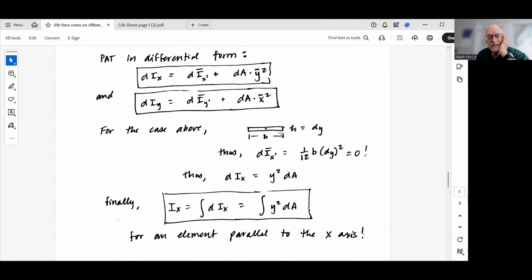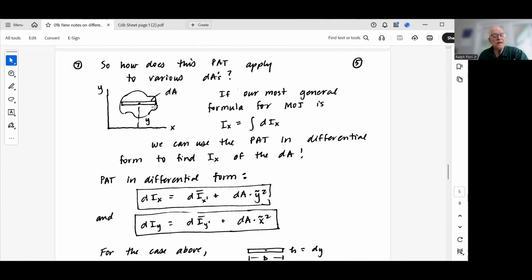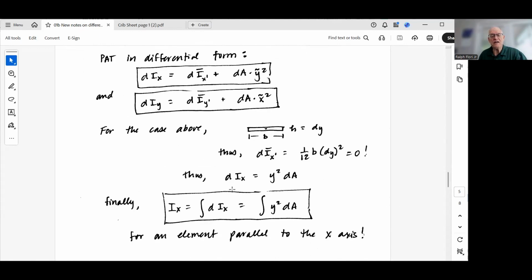So it's 1/12 base times dy, where the h is dy, and that's cubed. And so that goes to 0, and the dI bar term goes to 0. I'm left with a y squared dA term about the x-axis. So if I choose a horizontal element and apply the parallel axis theorem to this dA, the I bar term drops out, and I'm left with y squared dA, which is my original defining formula. So life is good. This is easy. We can do this.